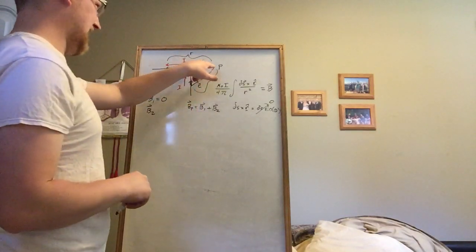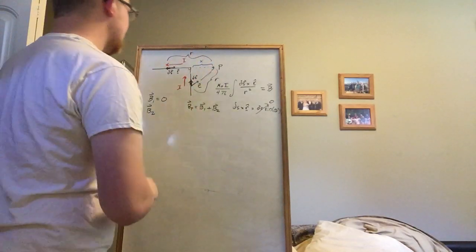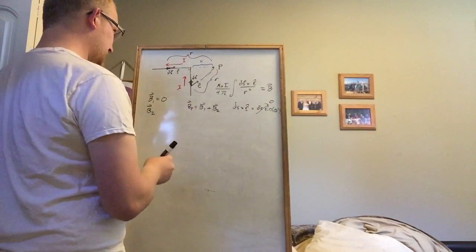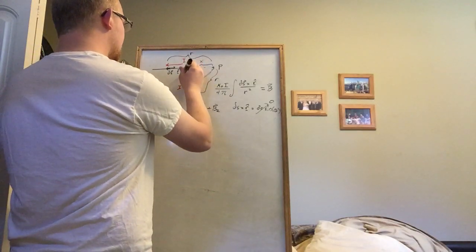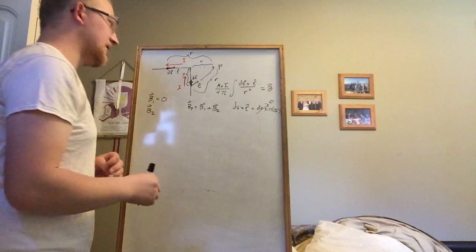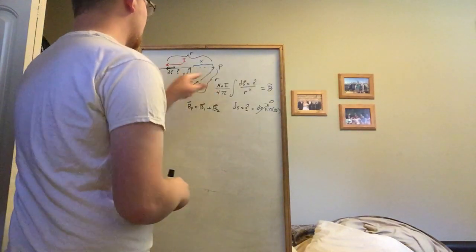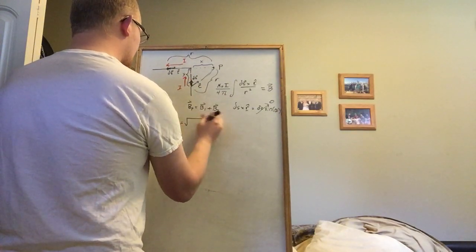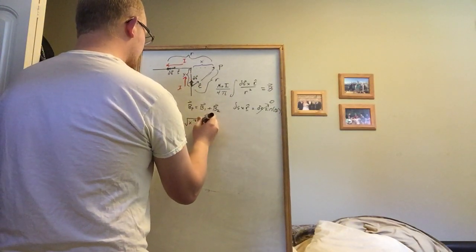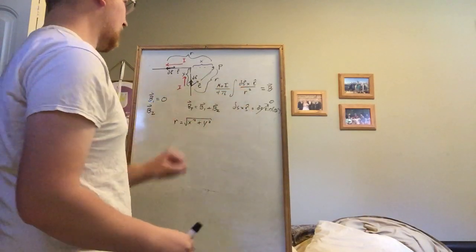We know that P is x away from this 90-degree turn, so let's call the length from the top down to our ds y. And we know that r, due to the Pythagorean theorem, is going to equal the square root of x squared plus y squared. So we've now solved for r.